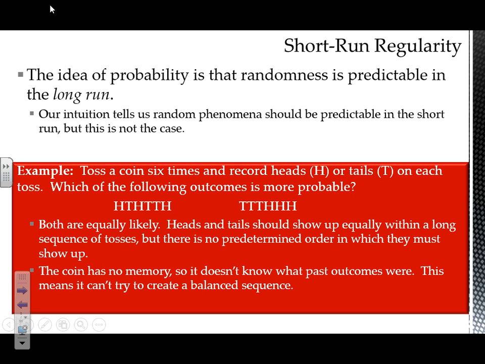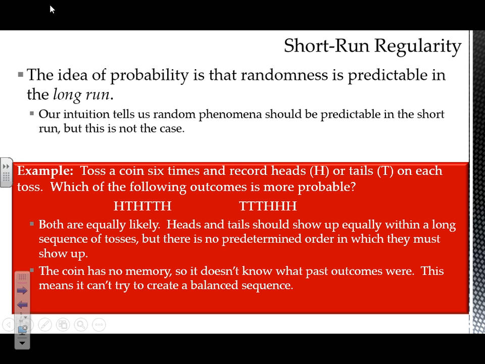So the coin has no memory, which means it doesn't know what past outcomes happened. So it can't try to create a balanced sequence. That coin has no effect on what comes up when. So that's what we talk about when we talk about random events, random phenomenon, and this long run that we're trying to get across here.